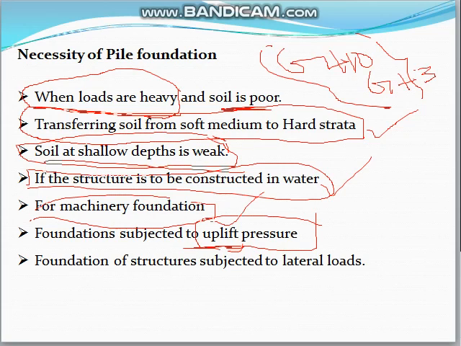Upward vertical pressure is created due to the penetration of water into the porous medium at the dam basement. So for foundations subjected to uplift pressure, like dams, pile foundations will be preferred.